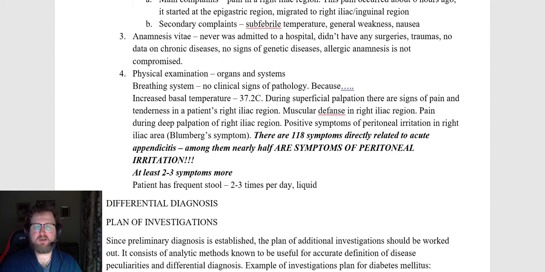Well, that's enough for symptoms we found during examination of the gastrointestinal system.